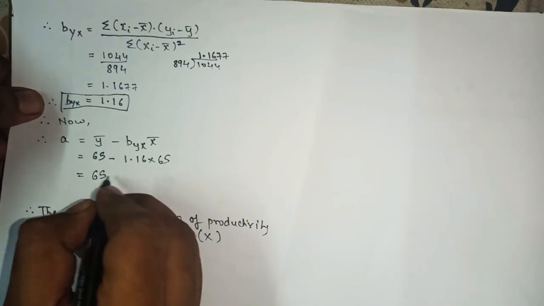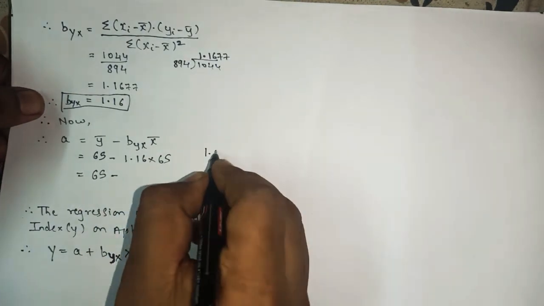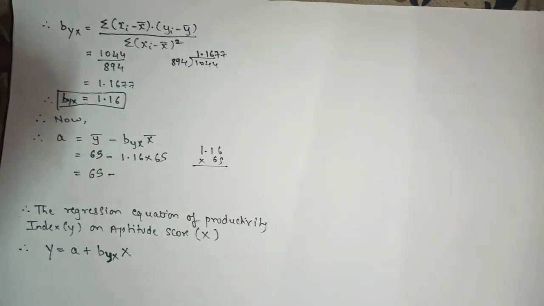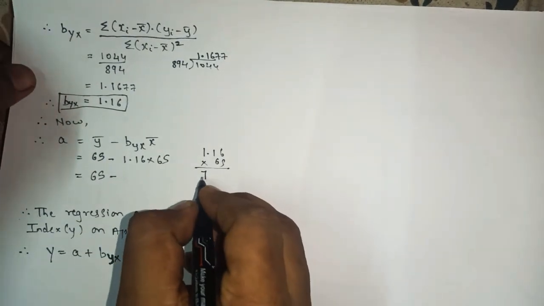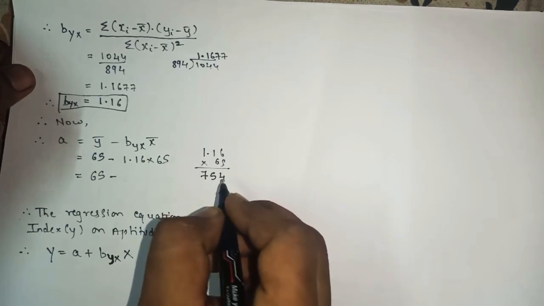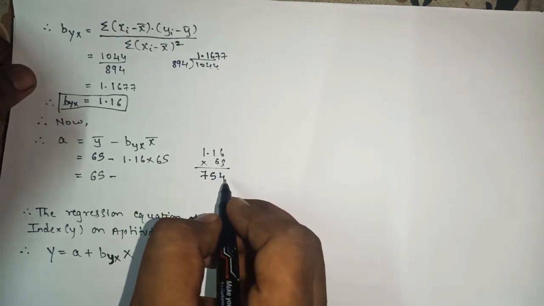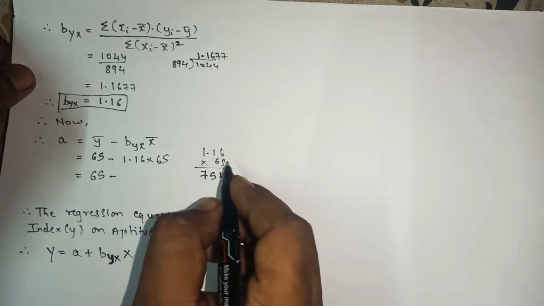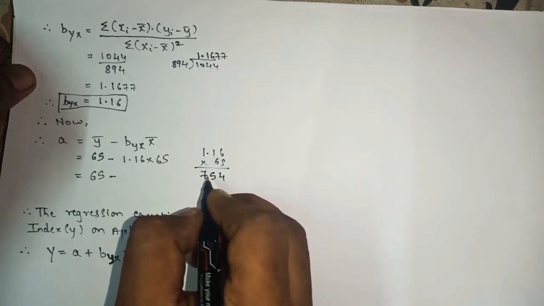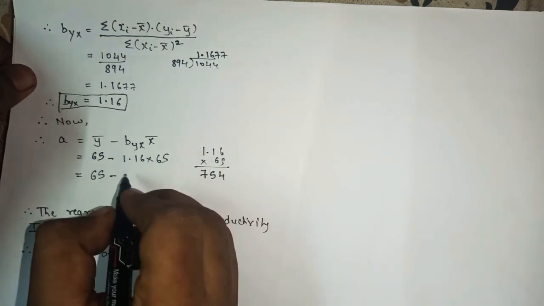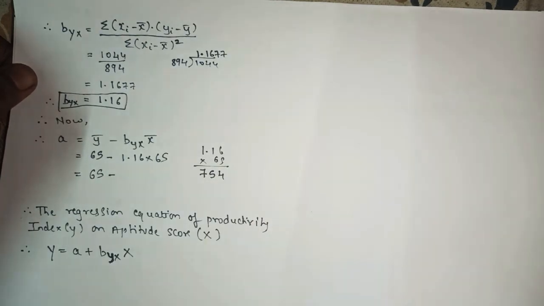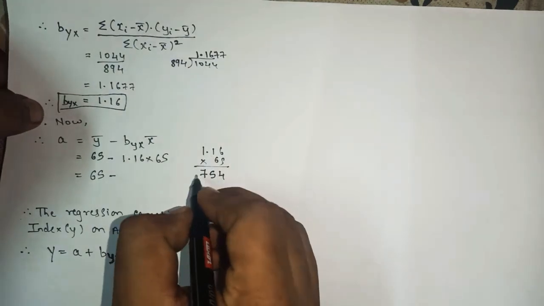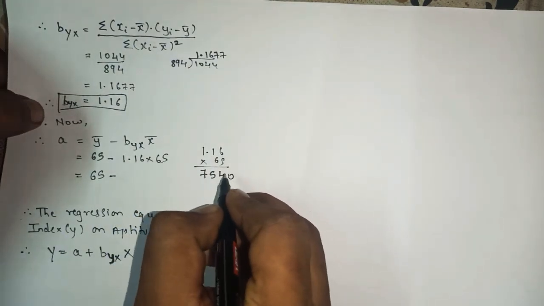So this will be 65 minus, when you multiply 1.16 into 65, the answer will be, when you remove the decimal, 7540.